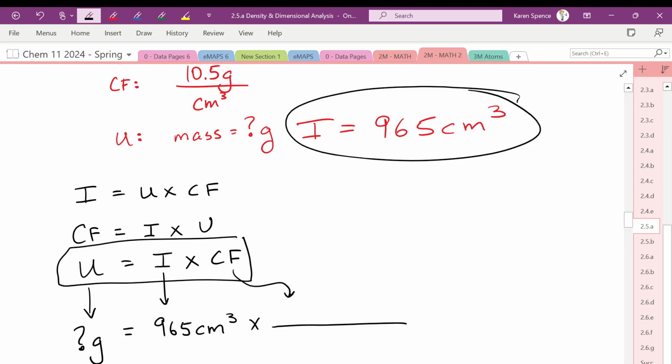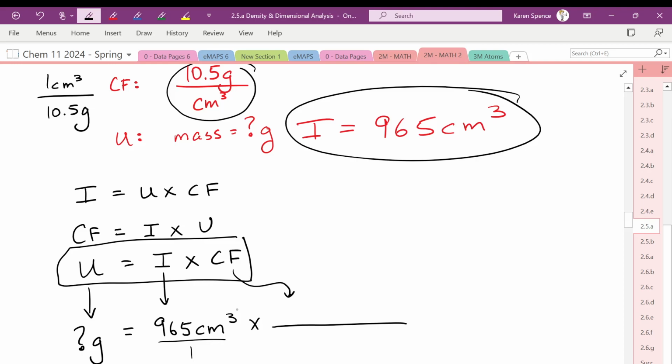So I want you to ask yourself, do I want to use 10.5 grams per centimeter cubed, or do I want to use 1 centimeter cubed per 10.5 grams? Which one? What do we want to cancel? We want to cancel centimeters cubed.